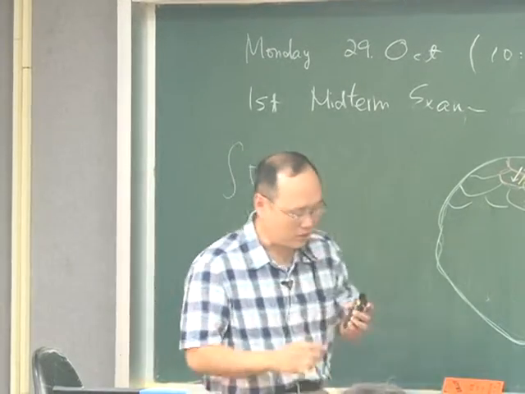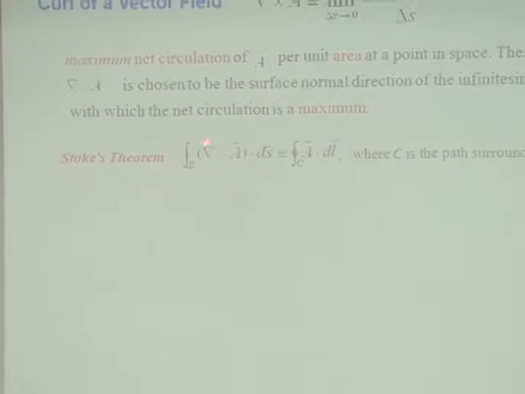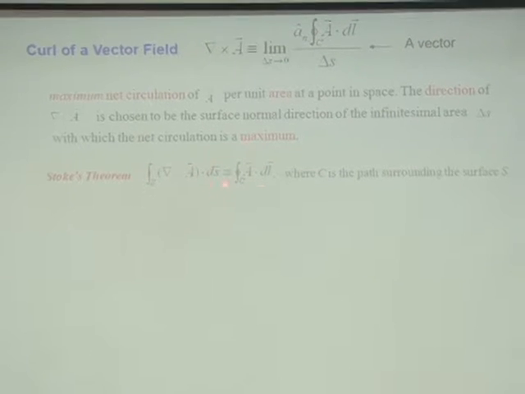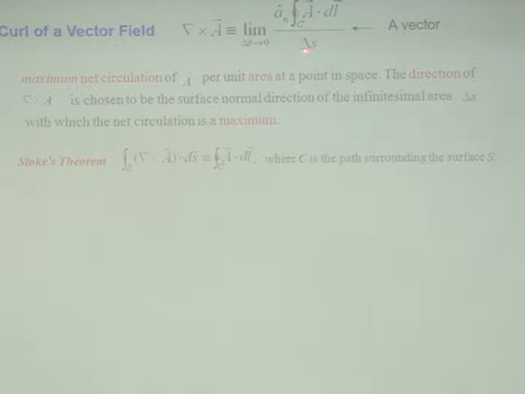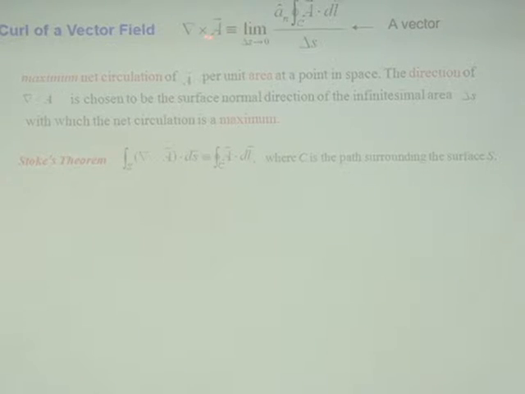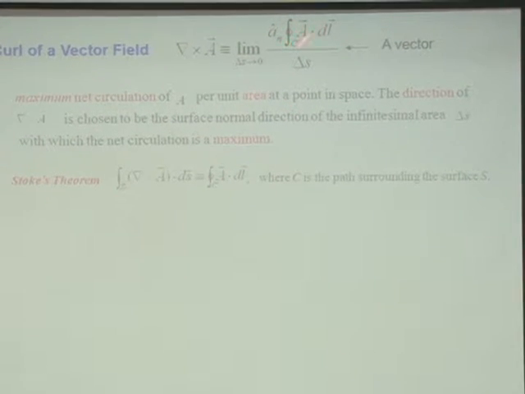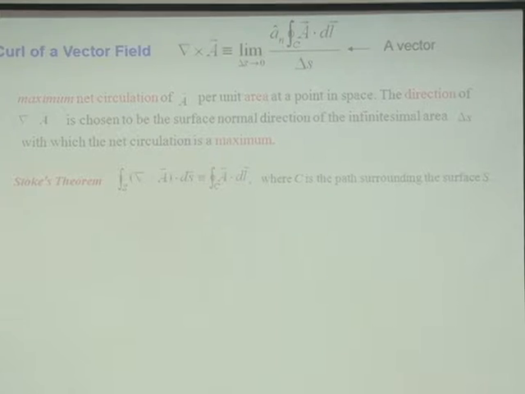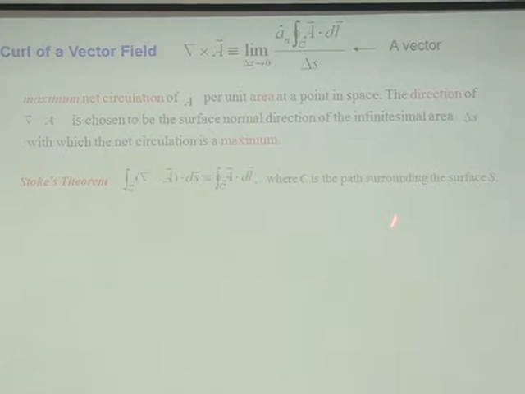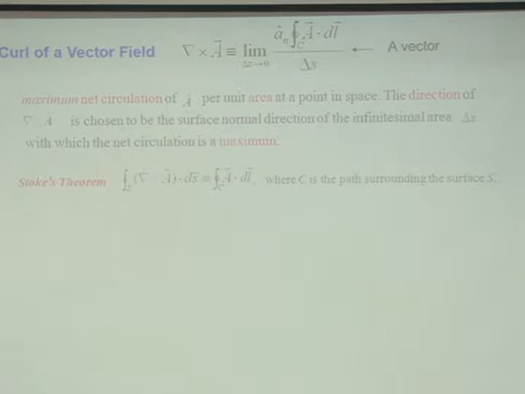Now the Stokes theorem converts the surface integration of the curl of a vector into a cross-path integration. Intuitively, if you just put this delta S to this side, you sort of construct this relationship. But again, the mathematician will tell you that this is not rigorous enough to prove this Stokes theorem.